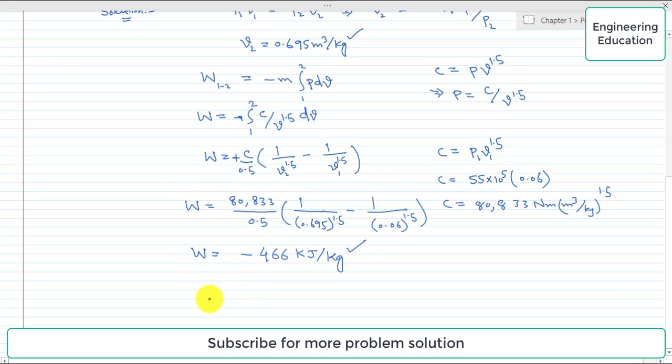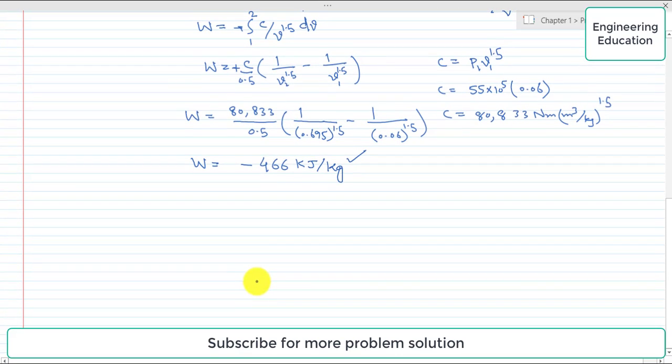Now further we can find the value of Q as required in this problem using the non-flow equation. From the non-flow equation we know that Q plus W is equal to U2 minus U1.